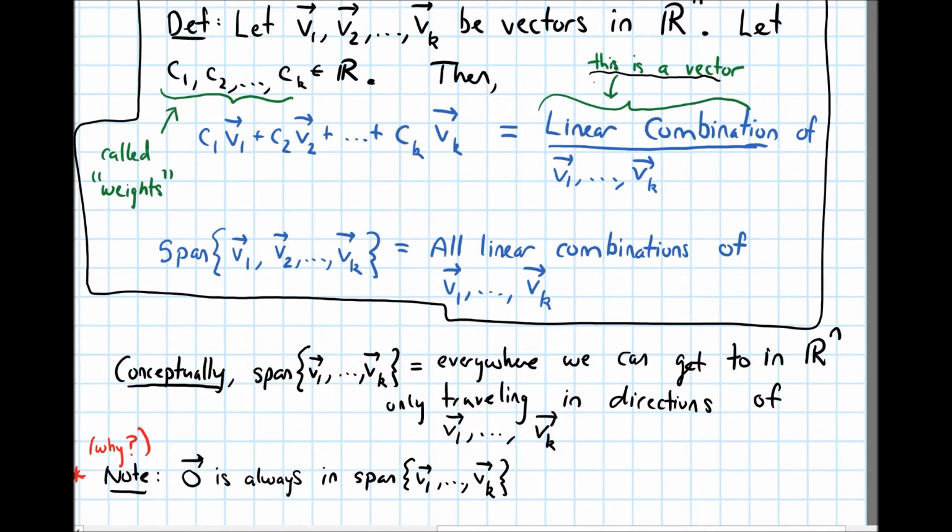Okay, so we'll look at an example to see what that looks like in practice. But that is conceptually what span means. Everywhere in Rn we can get to by traveling in the directions of our vectors.